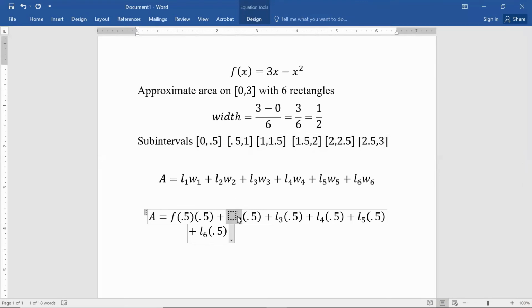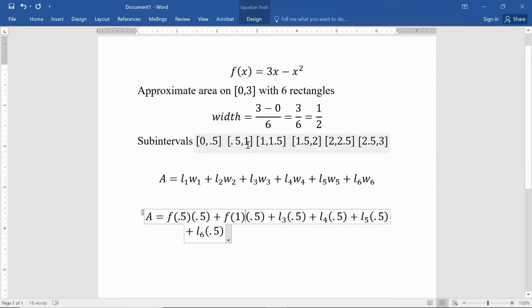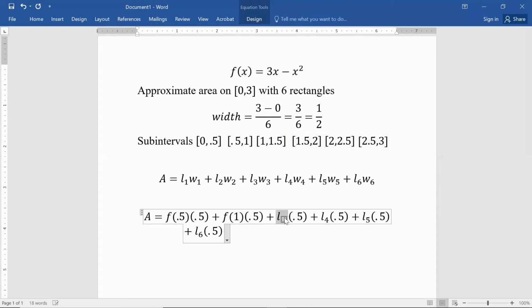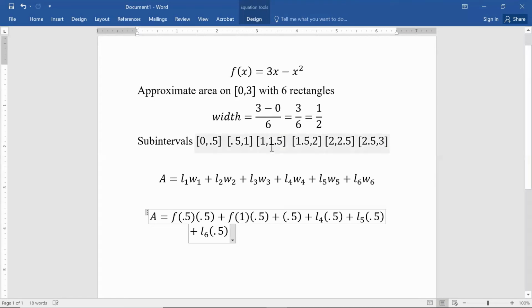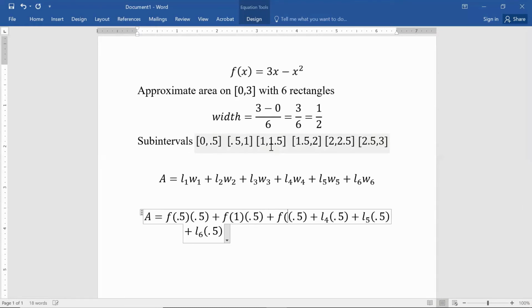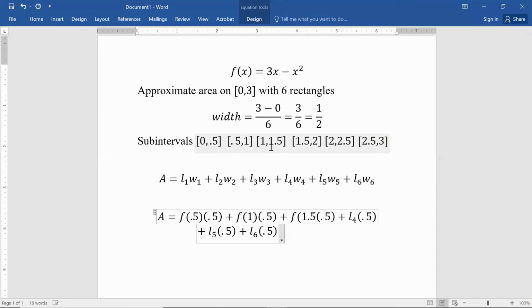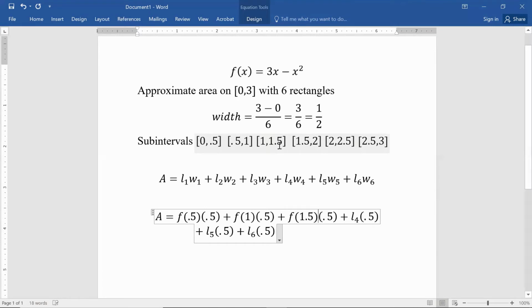For the length of my second rectangle, I'd use the function value at 1 as the height. For my third subinterval, I'd use the function value at 1.5. For my fourth interval, I'd use the function value at 2.